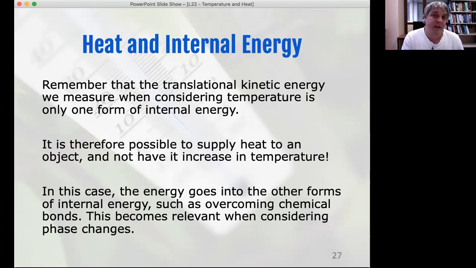It might put some of that energy into rotation, some into bonds, some into vibration, and some into translational kinetic energy. So if you take two different items and put 100 joules into one and 100 joules into the other, they might change temperature by different amounts, because they're putting different amounts of that energy into different areas of their internal energy.